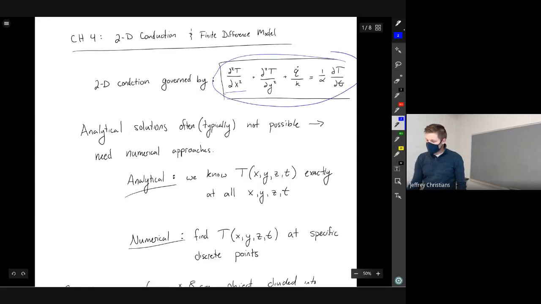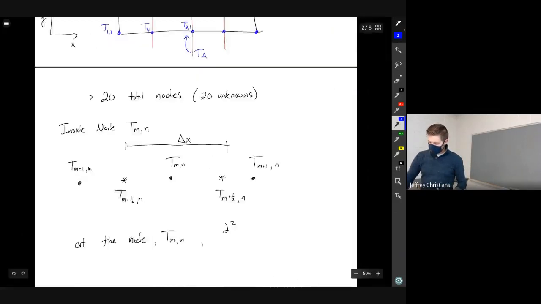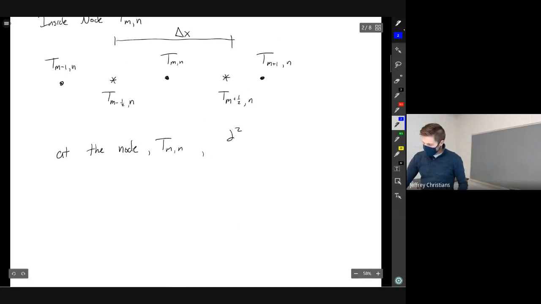So we need to figure out what d squared T dx squared is, and get a numerical approximation for that. So we're going to look at our node d squared T dx squared.